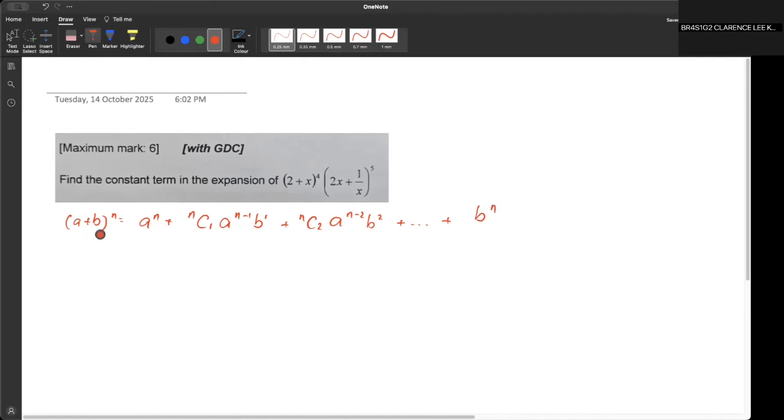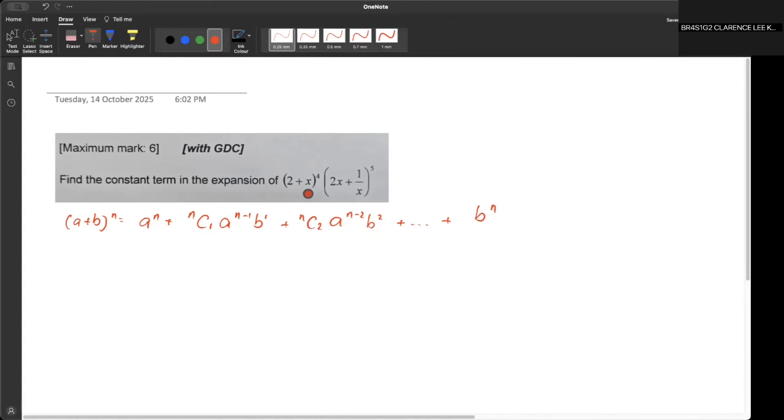So in this binomial expansion formula, we can see the nC1, nC2 are the coefficients, and a to the power of n, a to the power of n minus 1, a to the power of n minus 2, the power of a decreases 1 unit by 1 unit, while b starts from b to the power of 0, b to the power of 1, b to the power of 2. So the power of b increases 1 by 1.